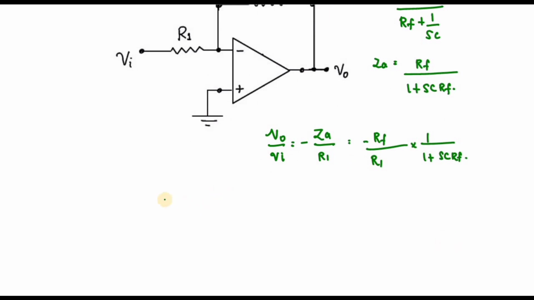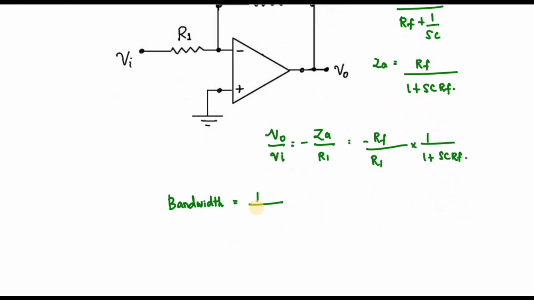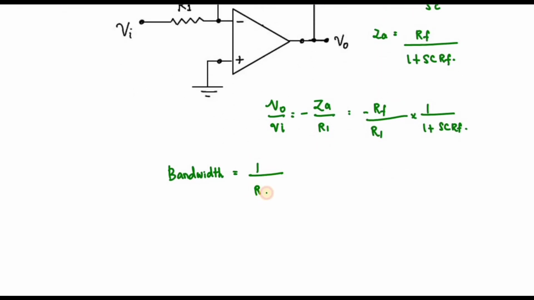Generally, since it is nothing but a low pass filter, this has to be in the form of 1 divided by these two values, RF and C.